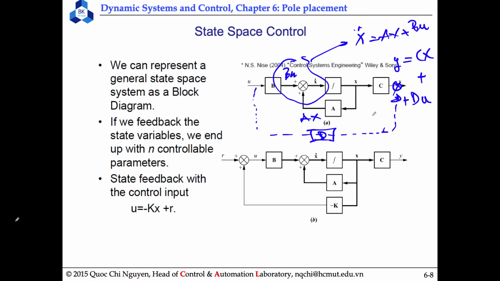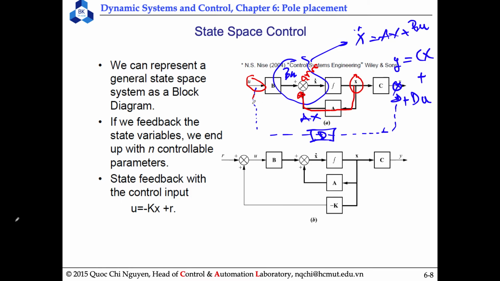Here we see the arrow from the state of the system. The system will feed back for comparison with the output. This is the error, right? If we consider this loop, we call this feedback.